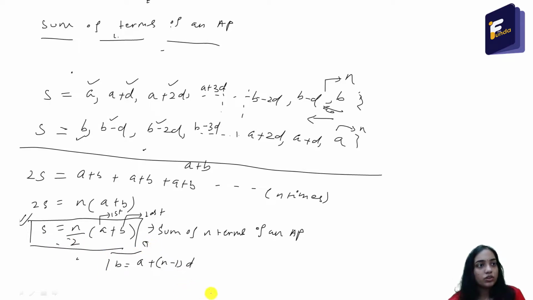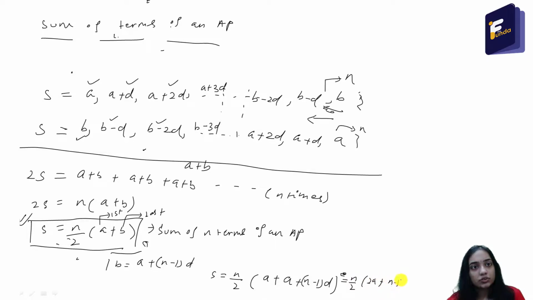So S equals n by 2 into A plus n minus 1 D. I've just replaced B with A plus n minus 1 D. So it will be equal to n by 2 into 2A plus n minus 1 D.